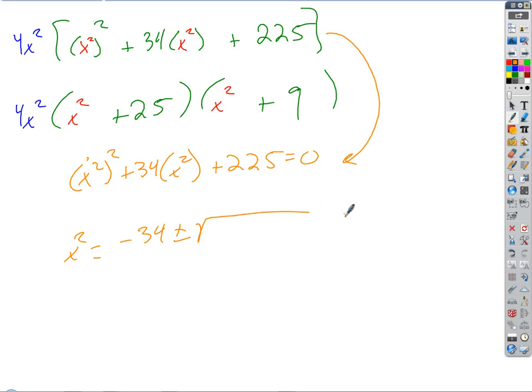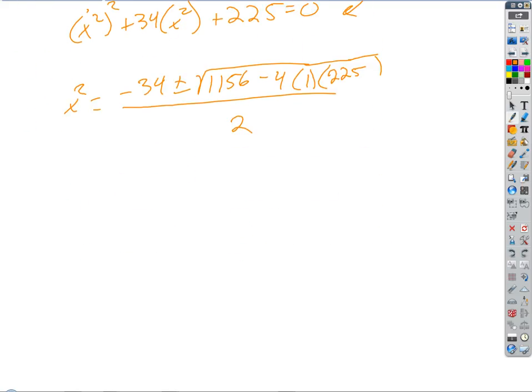What's 34 squared? Somebody quick, tell me, calculators. 1,156. 1,156 minus 4 times a, which is 1, times c, which is 225, all divided by 2, right?